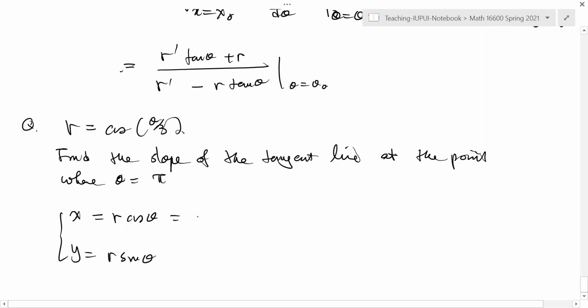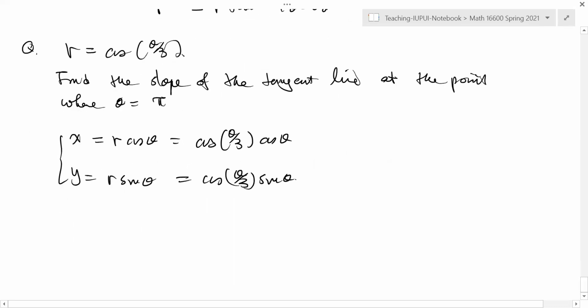Since r is cosine theta over 3, x is cosine theta over 3 times cosine theta, and y is cosine theta over 3 times sine theta. So you get parametric equations for the curve. The slope dy over dx is just dy d theta over dx d theta, so you differentiate each.